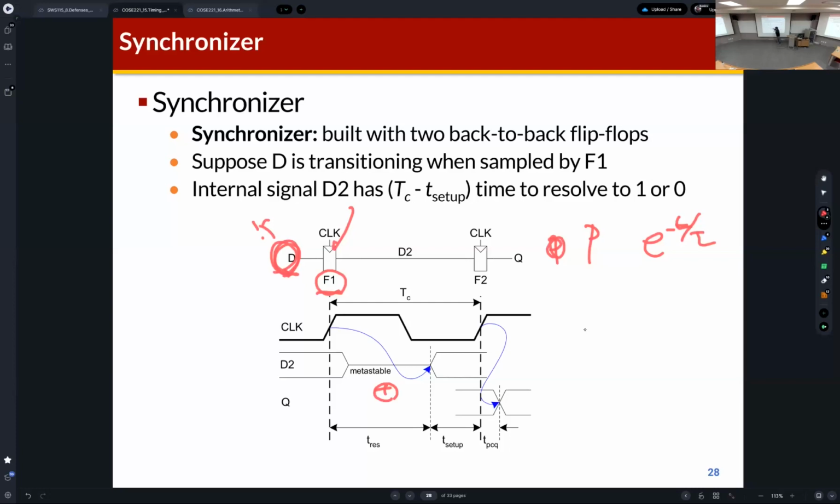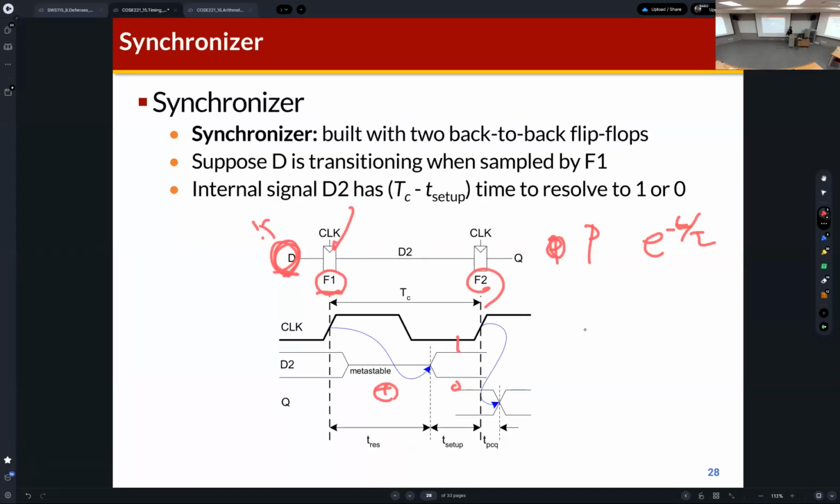We don't know the exact value of the output of this flip-flop during this time. But after some time, the signal can be 1 or 0. Then F2 can receive a clean signal. So it's a stabilized signal. That is the mechanism of a synchronizer.